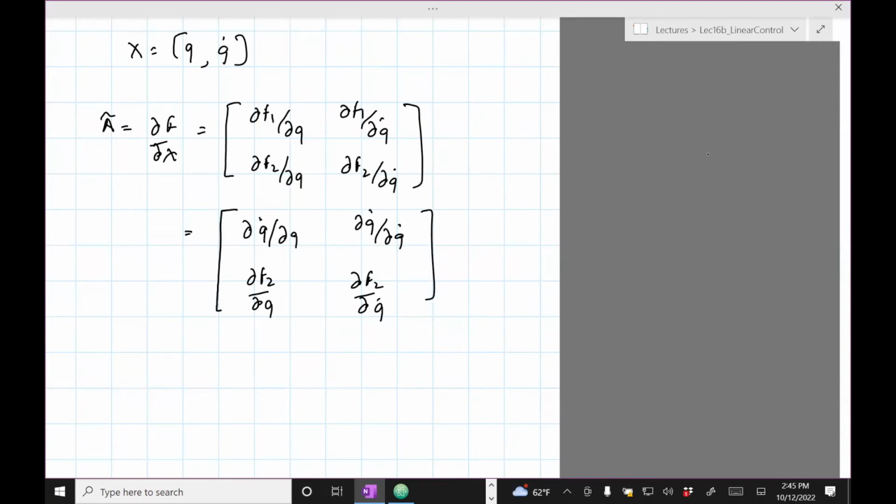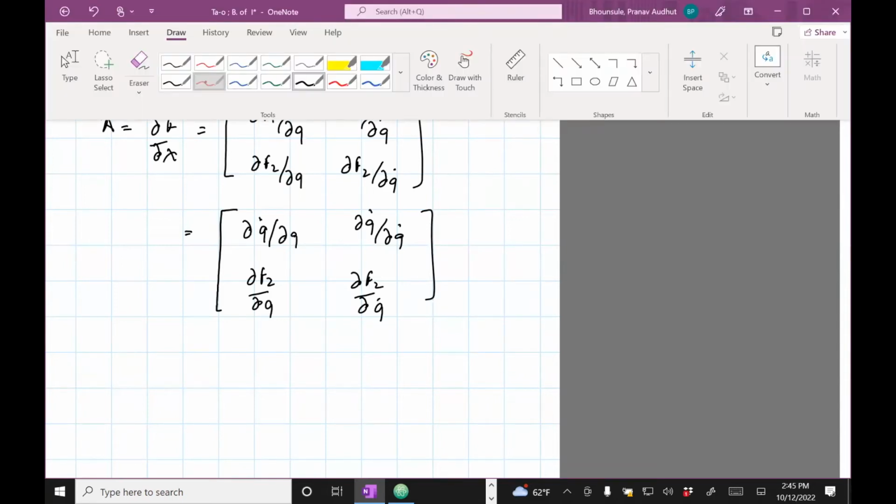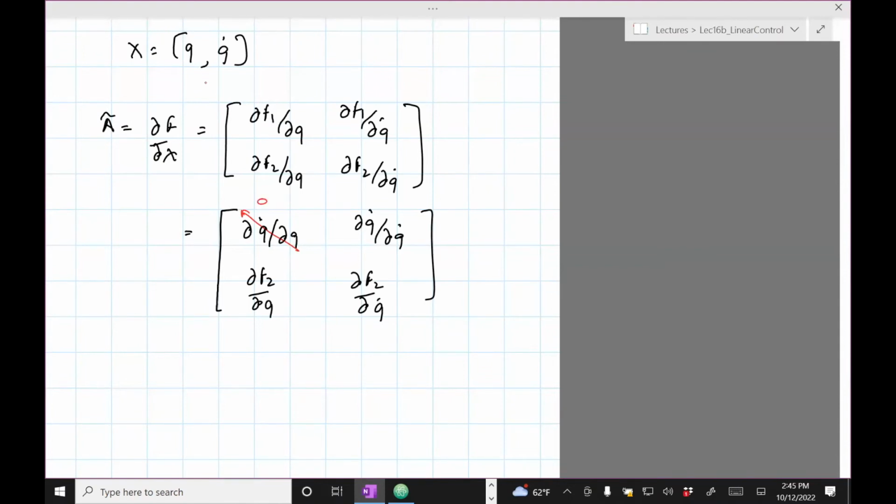Okay, so let's look at the first two terms in the first row. It's clear that this is 0, right? Now this term looks like 1, but it's actually not 1, it's I, because q, remember, is the dimension of the joint angles. So if, for example, you have q1 dot, q2 dot, q3 dot, q4 dot, when you take the derivative with respect to q1 dot, q2 dot, it will basically give you an identity matrix. So this is going to be the identity, not 1, just because it's not one dimensional, it's n dimensional.